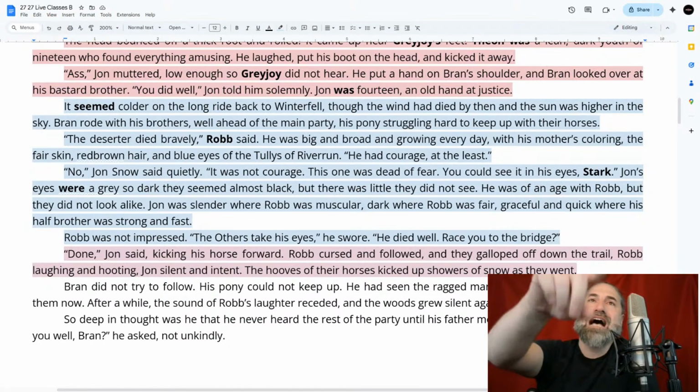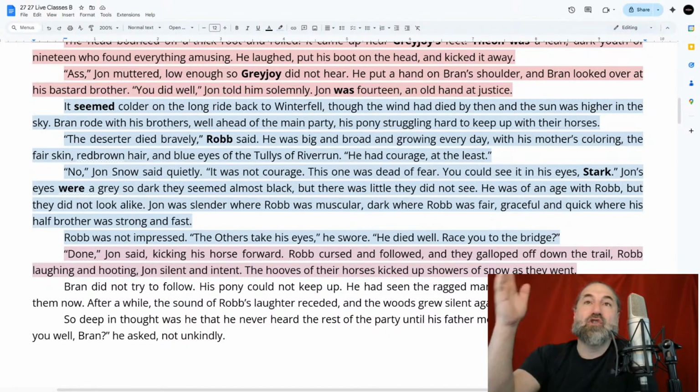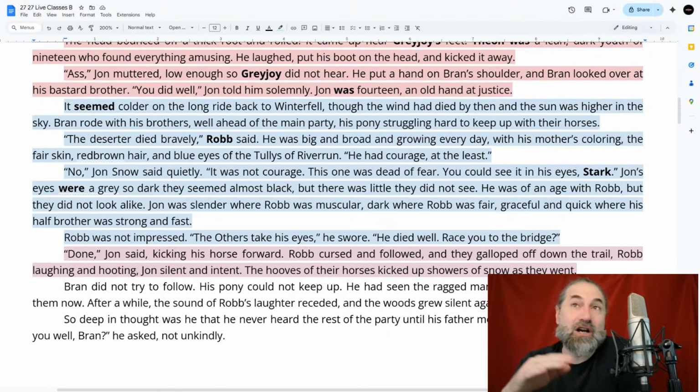So Jon's eyes were gray, so dark they seemed almost black, has a different flow than Jon's eyes were a gray, so dark they seemed almost black, right? Obviously, it would be smoother without the A, but again, your writer's voice takes precedence over some choices.